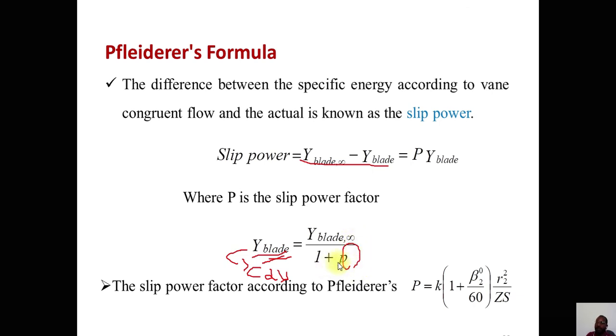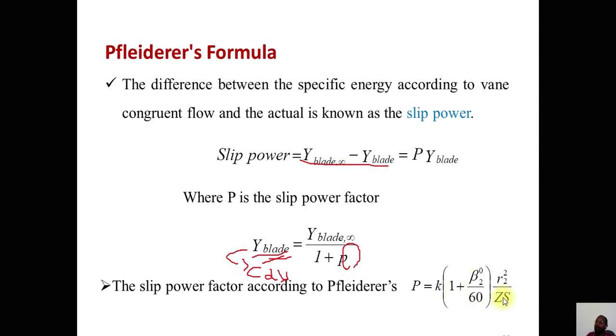P is called the slip power factor according to the philosophers, but it is a function of the angle of inclinations with the radius of the channel. There is an angle of inclination, there is a radius of channel, there is a thickness, again there is a width combination.